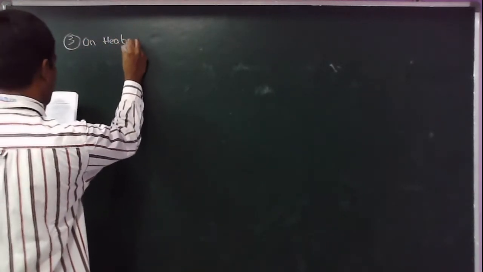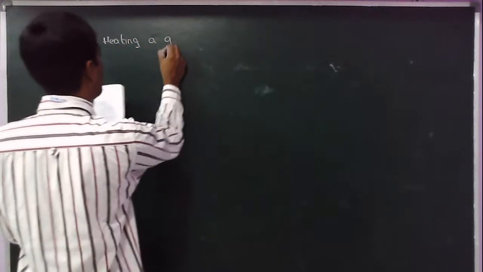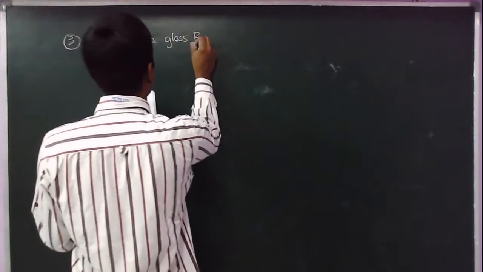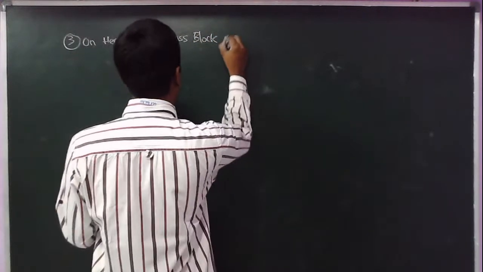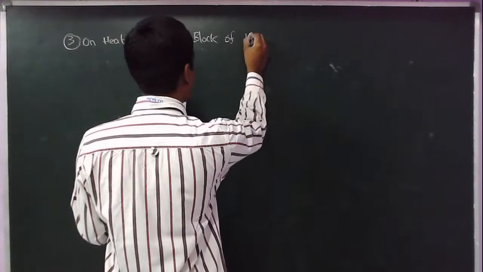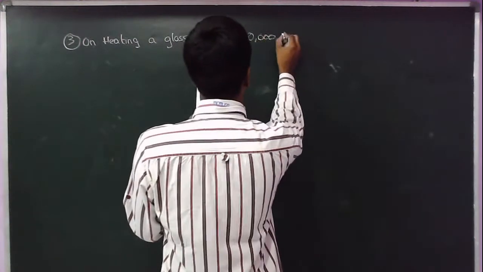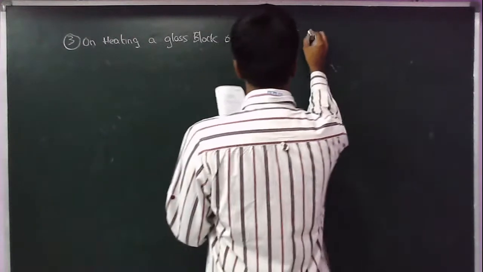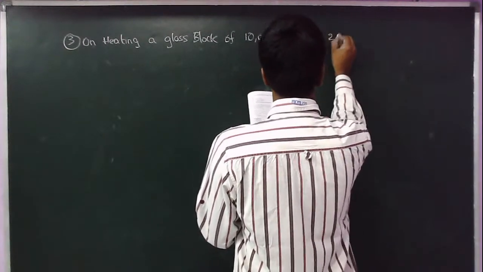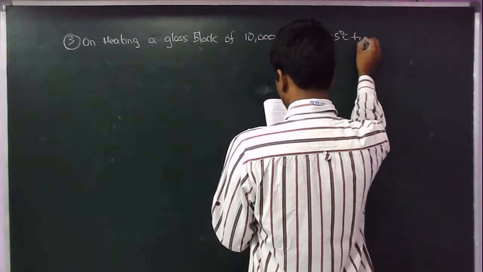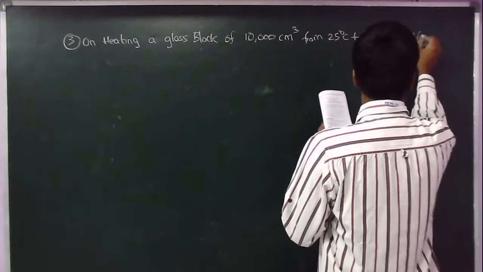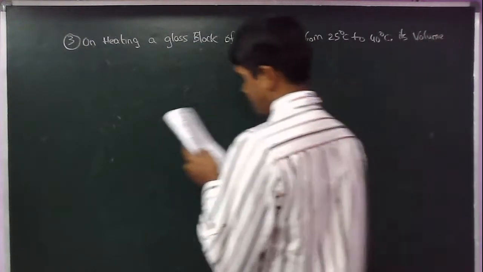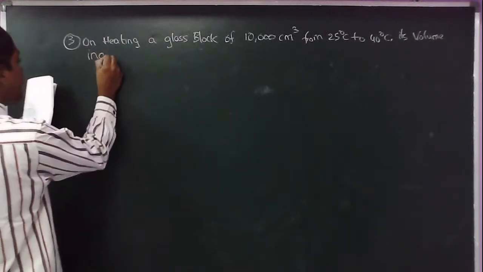On heating a glass block, a three-dimensional object, of 10,000 centimeter cubed from 25 degrees to 40 degrees Celsius, its volume increases by, they are saying increases by.